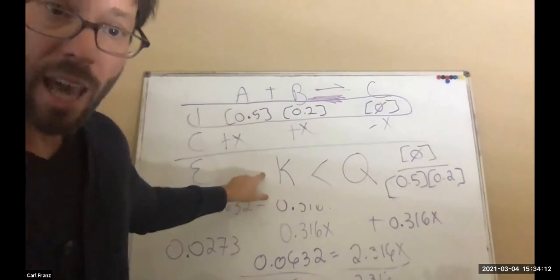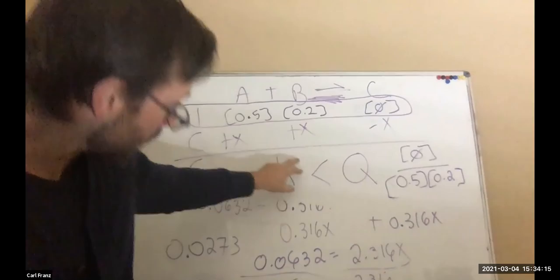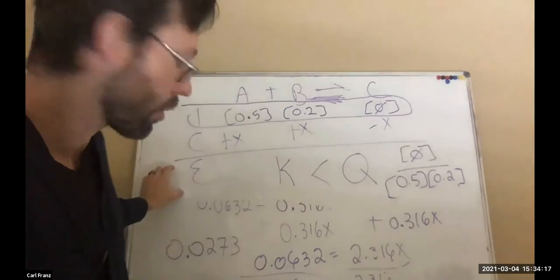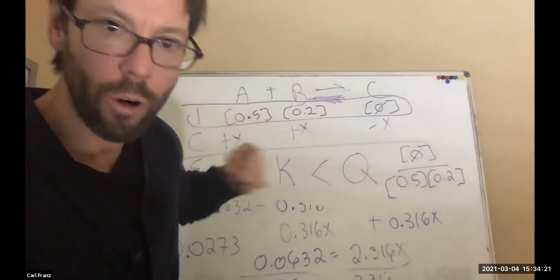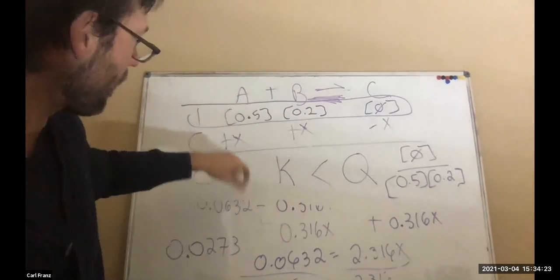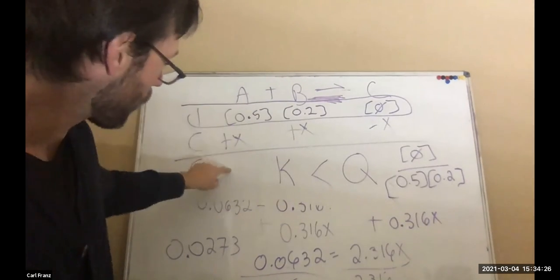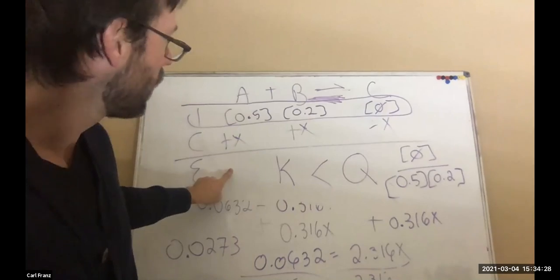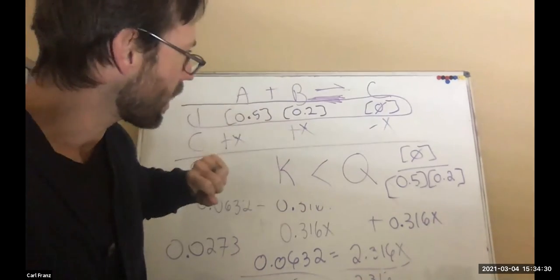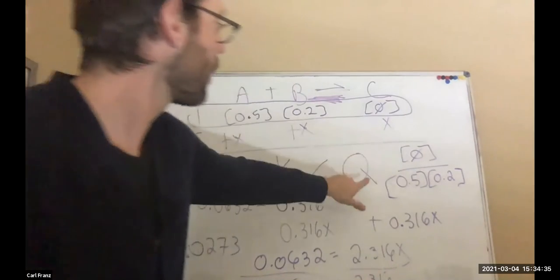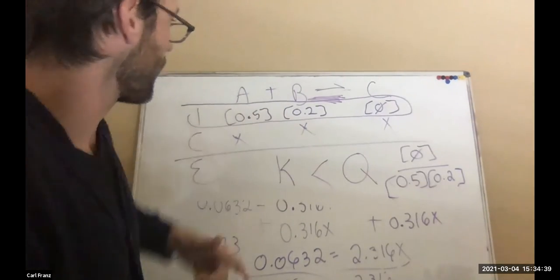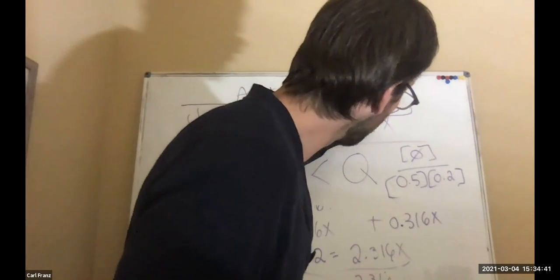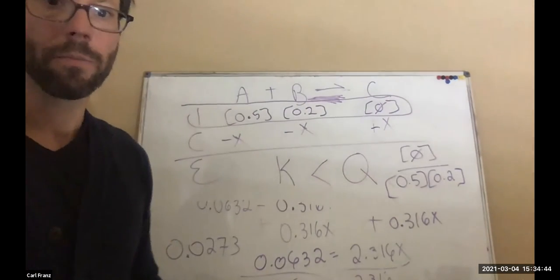And then, like I said, K is going to be the concentrations at equilibrium. So when you solve for X, you'll take 0.5 plus whatever that value for X is, and that will give you the concentration at equilibrium. You'll take 0.2 plus X. Well, in this case, we said that Q is less than K, so it's product favored. So really, in this case, it would be plus, minus, minus.